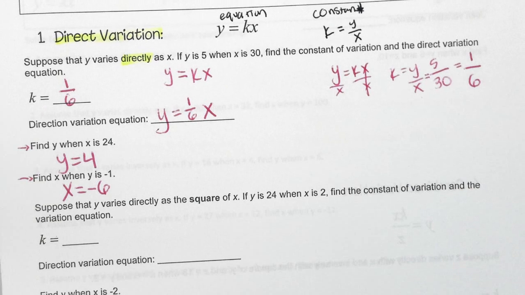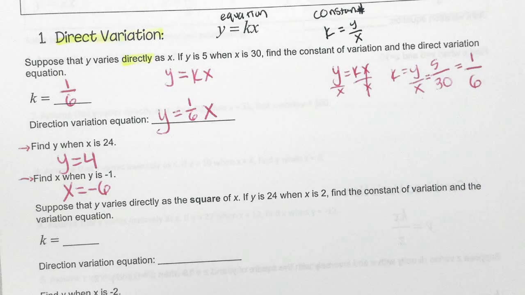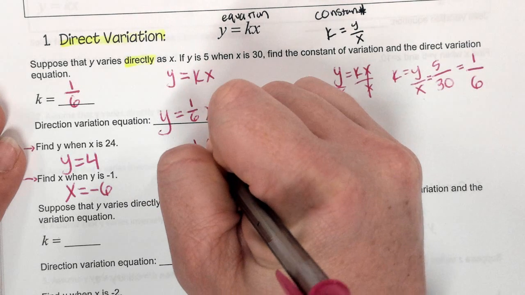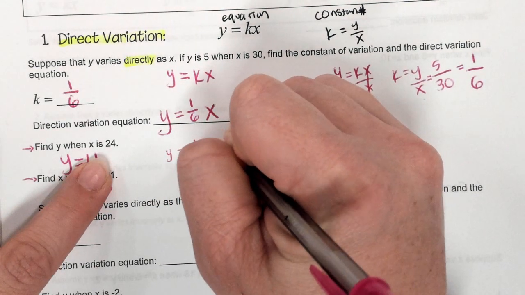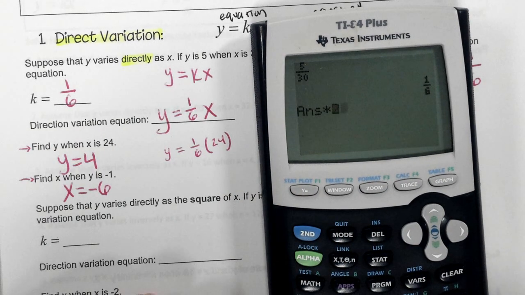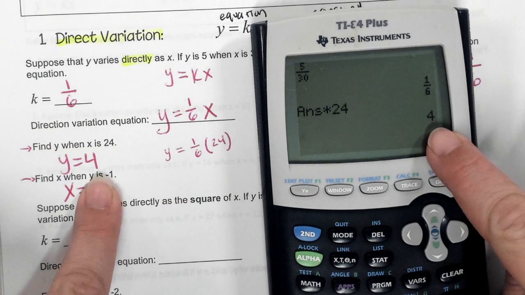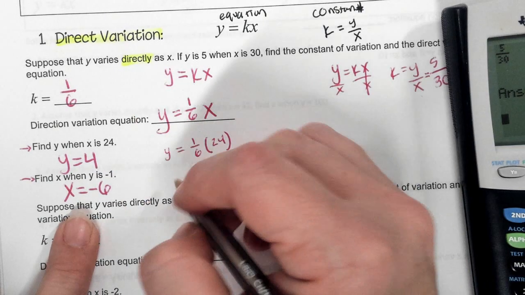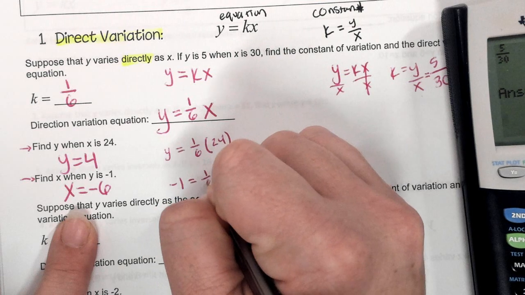However, could you also solve them pretty simply by hand? Yes. So you know that y equals 1/6 x, but x is 24. Well, you could literally type 1/6 times 24 gives you 4. There's your answer. Here, you knew that y is -1 equals 1/6 x.